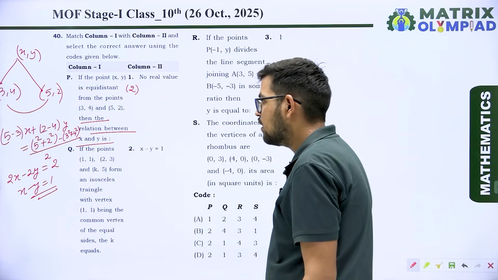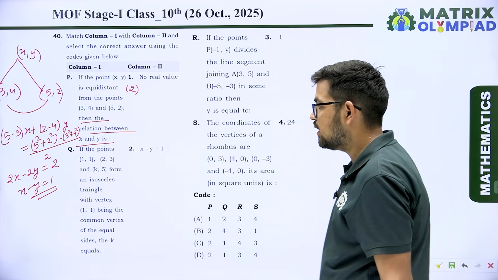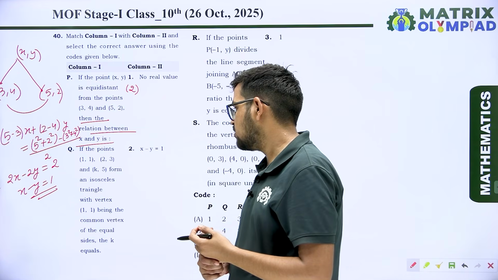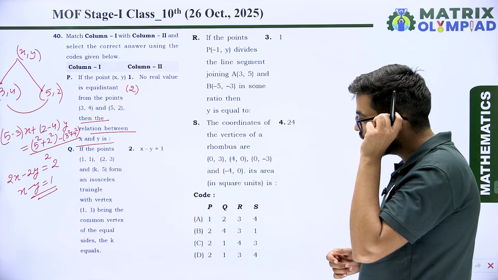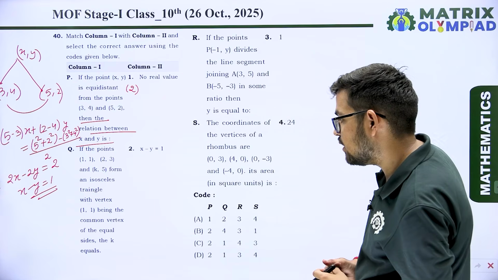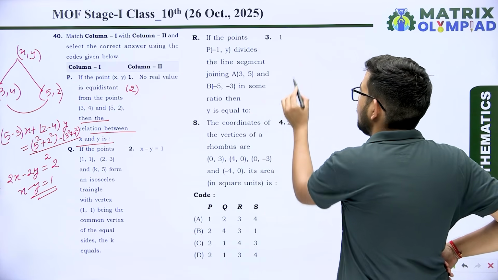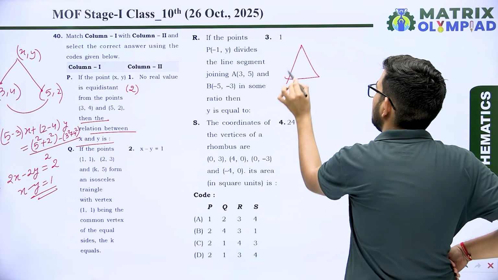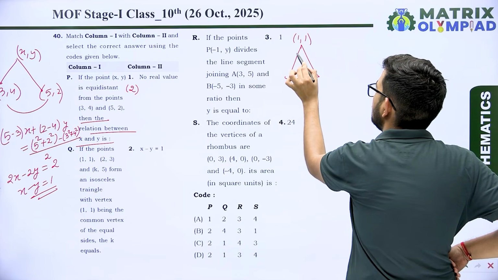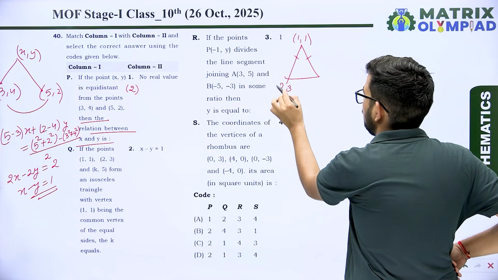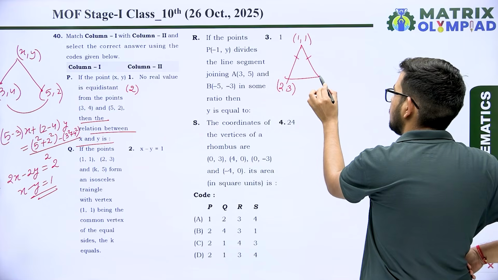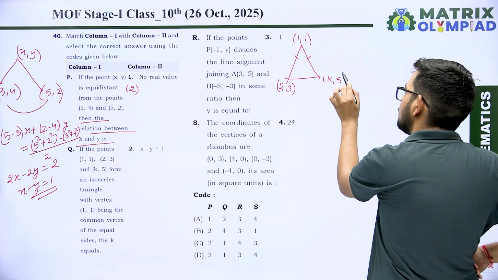Q: if the points (1, 1), (2, 3) and (k, 5) form an isosceles triangle with the vertex (1, 1) being the common vertex of equal sides, then k equals. So there is an isosceles triangle in which (1, 1) is the common vertex of the equal sides, and the other vertices are (2, 3) and (k, 5).